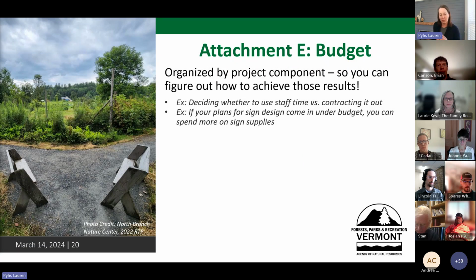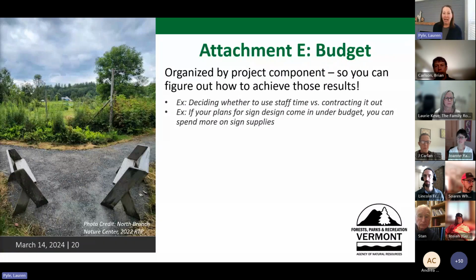Part of the reason we do it this way is to give you flexibility long-term to figure out how to implement if things have changed. Now that you've seen the financial documentation, if you decide you want to contract something instead of using staff time, or vice versa, you can make that decision, because we're just saying it's this many dollars to do the things.